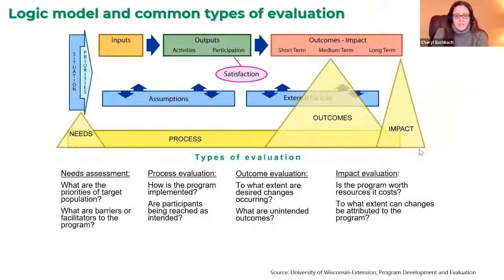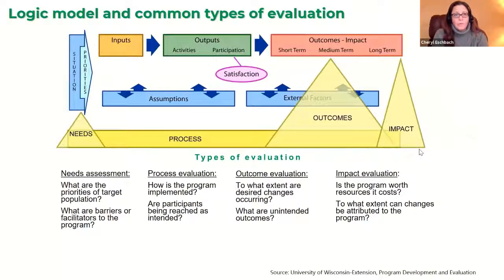The University of Wisconsin Extension has put together a schematic like this that takes a logic model and overlays types of evaluation. This would launch us into a different kind of conversation, but I wanted to end on this point because one of the things I hear is, why do we do logic models?